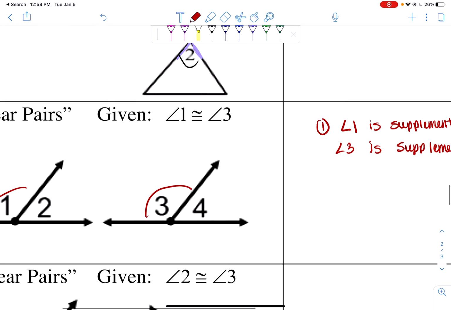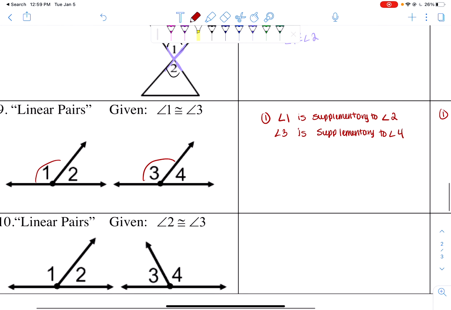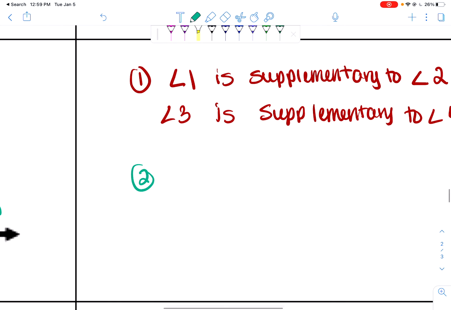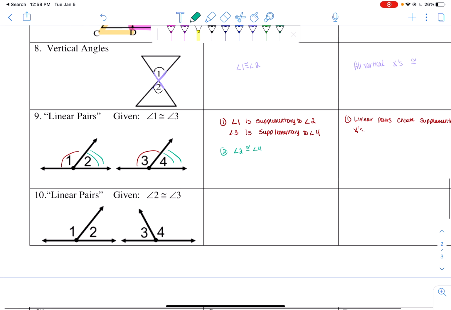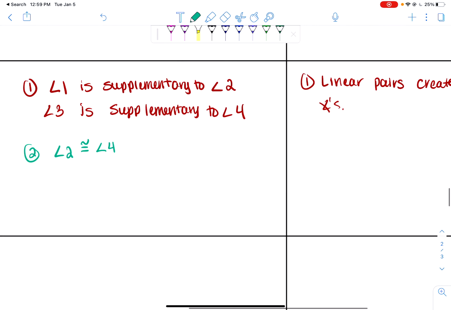That's all my reasoning for angle 1 and angle 3 being supplementary to angle 2 and 4. What I can now do is I can say that since angle 1 and angle 3 are congruent, I can say that angle 2 and angle 4 are also congruent. And the reasoning would be supplements of congruent angles are congruent.